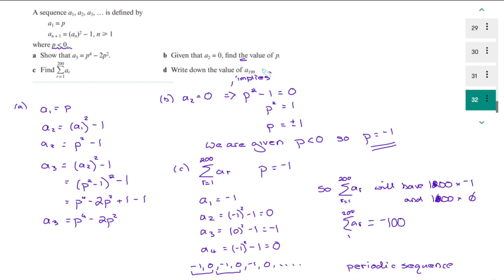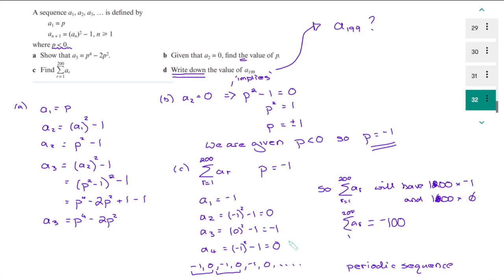Okay, and finally we'll do that very last little bit. Write down the value of A199. Write down. That means you don't have to do any calculations. You just got to write the value down. So I'm going to go up here. I must learn to be less messy. So A199, what does it mean? It just means the 199th term. So we can see, if we look here, what do we know?